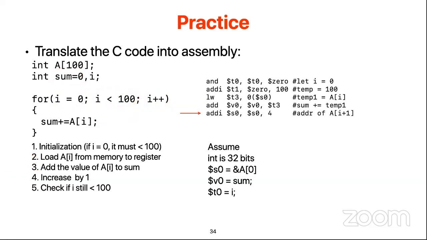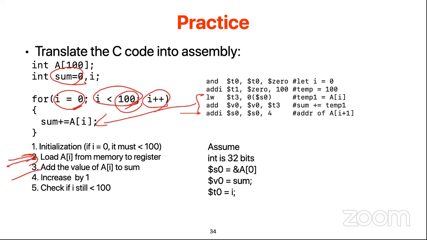And the next line I would put is the I++. However, if you want the code to be really efficient, why don't we just directly move to the next item in the A array? As we previously mentioned, the A array is an integer array, so each element is 4 bytes long.